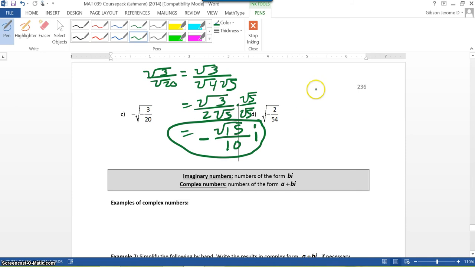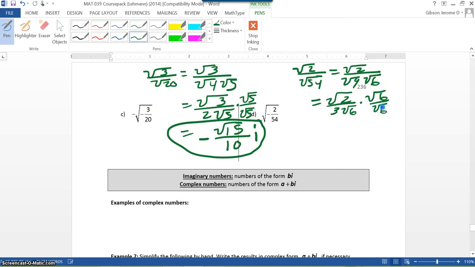Now we do the same thing here. We just go and we take the square root of 2 over the square root of 54. Now we know the highest perfect square in 54 is 9. So it'll be square root of 9 times the square root of 6, which will give us the square root of 2 over 3 square root 6. And we will multiply the numerator and denominator by the square root of 6. So this will give us the square root of 12 all over, we know the square root of 6 times square root of 6 is 6, times 3 is 18.